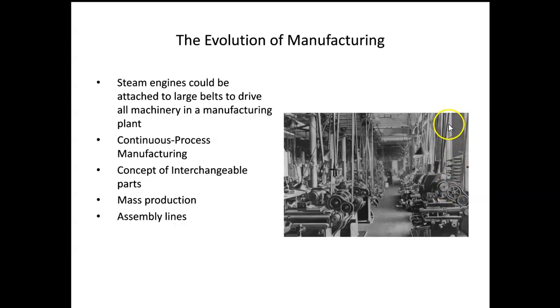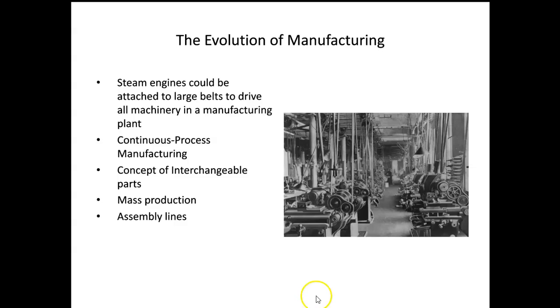As we continue to talk about the evolution of manufacturing here, those steam engines could be attached to large belts in these factories. If you ever get a chance to go to some of the larger cities or see some of these old factories, especially out on the East Coast, it is really interesting to see how a steam engine would be connected, and you have these large belts that would go up into the ceiling and be attached to the main drivers, and then those belts would come down to be attached to the different machinery on the shop floor.